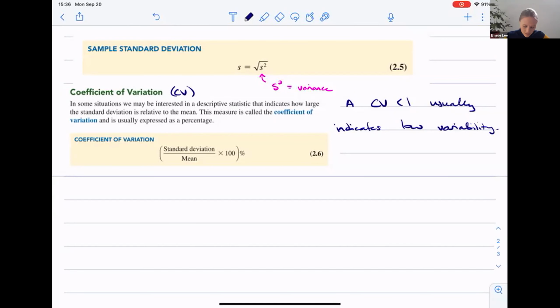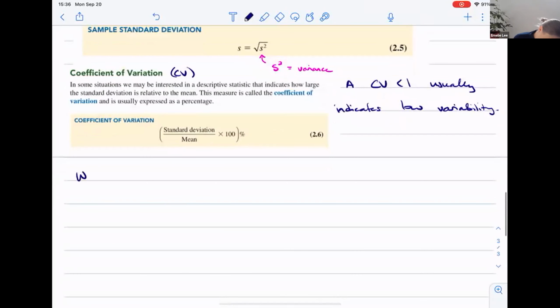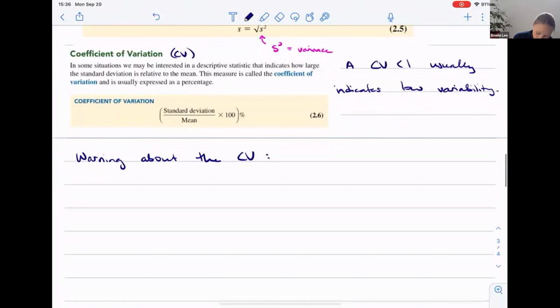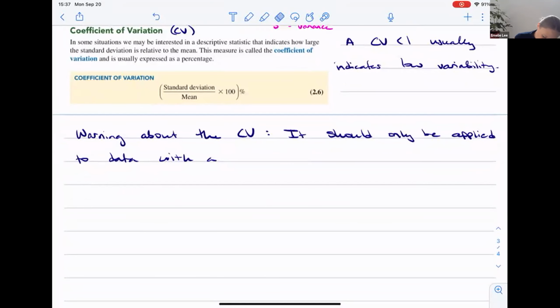So just a warning about the CV. It should only be applied to data with a true zero.